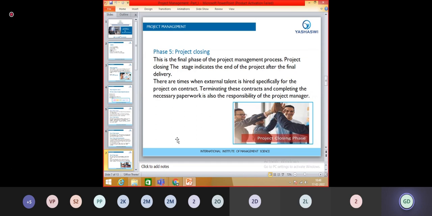As you have also seen, many projects have been pending for four to five years, or no contractor is ready to go with that project. Why? The reason behind that is that no proper project closing methodology has been added.